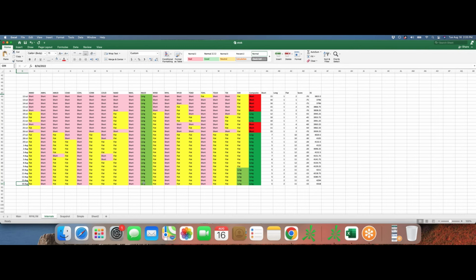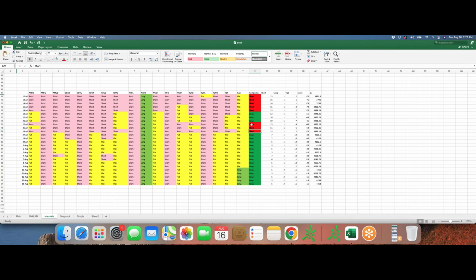Sells will have a -5 weighting, buys will have a +5 weightage, and flats will have 0. Right now we have 5 sells, 2 buys, and 11 flats, so 11 in cash. So we've got a score of -15.